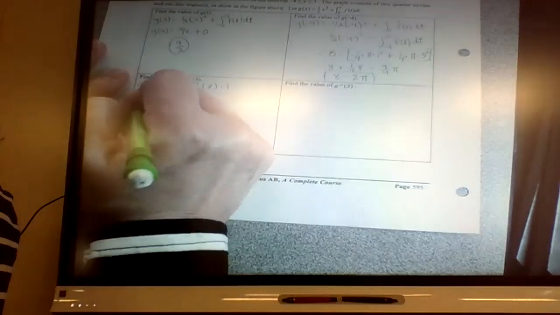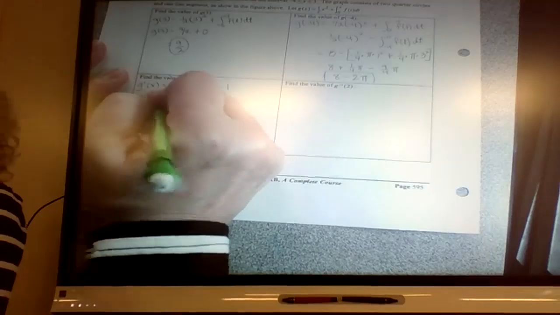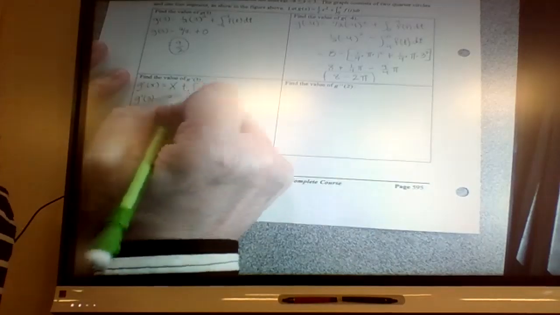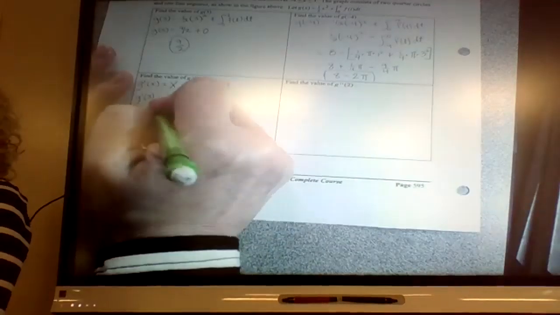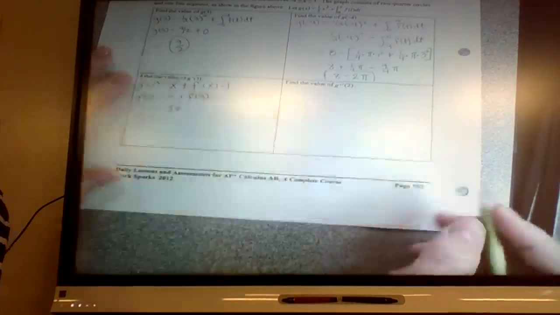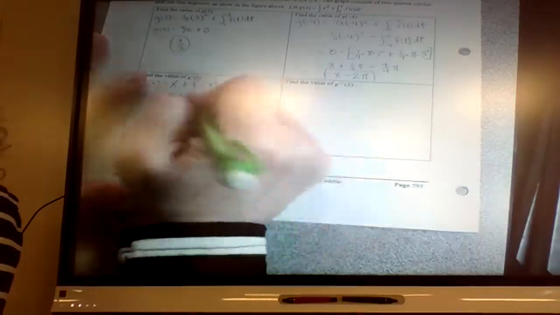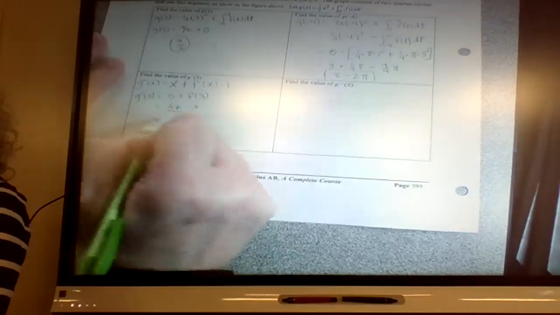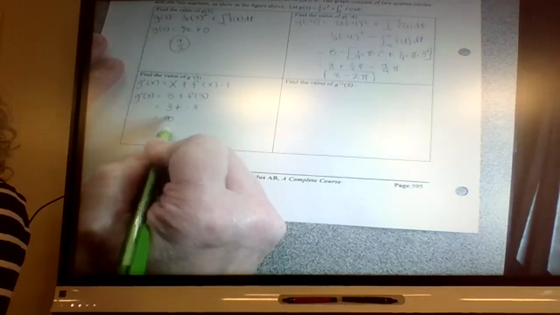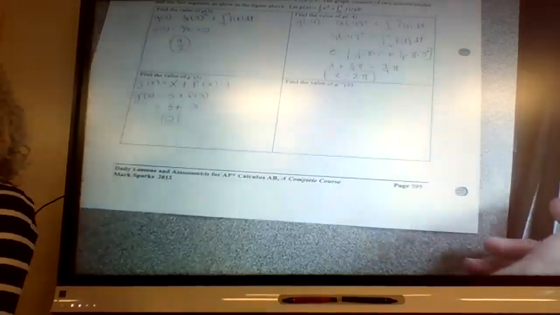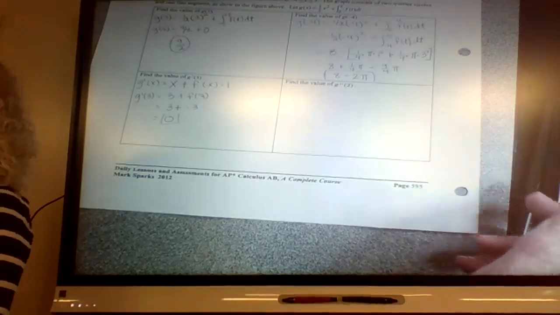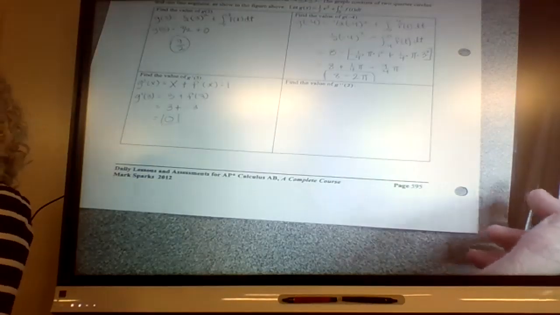So g prime of 3 would equal 3 plus f of 3. That's 3. What is f of 3? Negative 3. So it is 0. It's just like composition functions on a higher level.